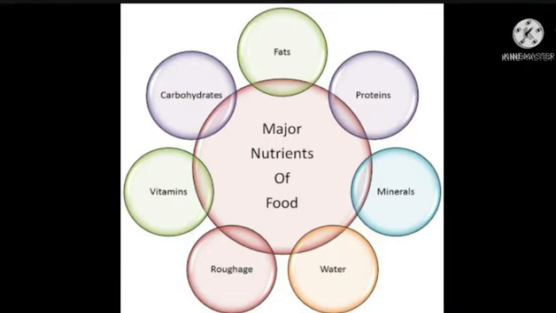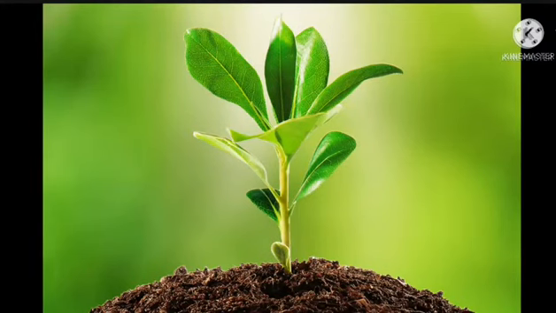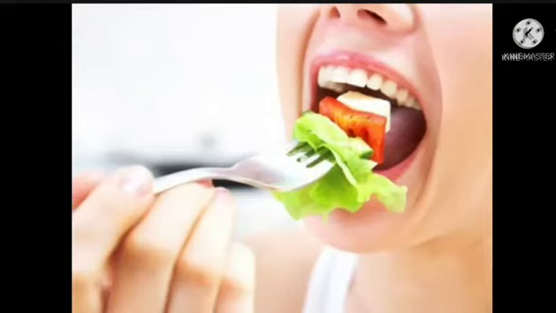The components of our food are carbohydrates, proteins, lipids, vitamins, minerals, fibers and water. We obtain food from plant and animal sources. The food we eat is made of macromolecules and cannot directly enter our cells.